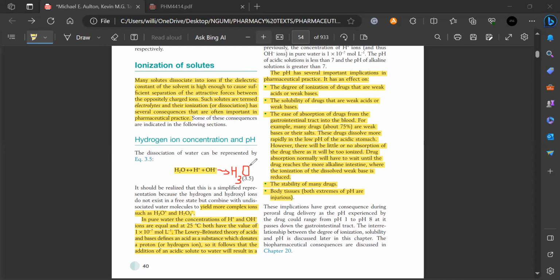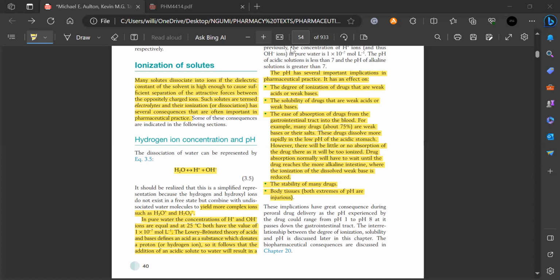And here I put a plus there. But in this case, we'll mainly be looking at this reaction. So let me just erase that.